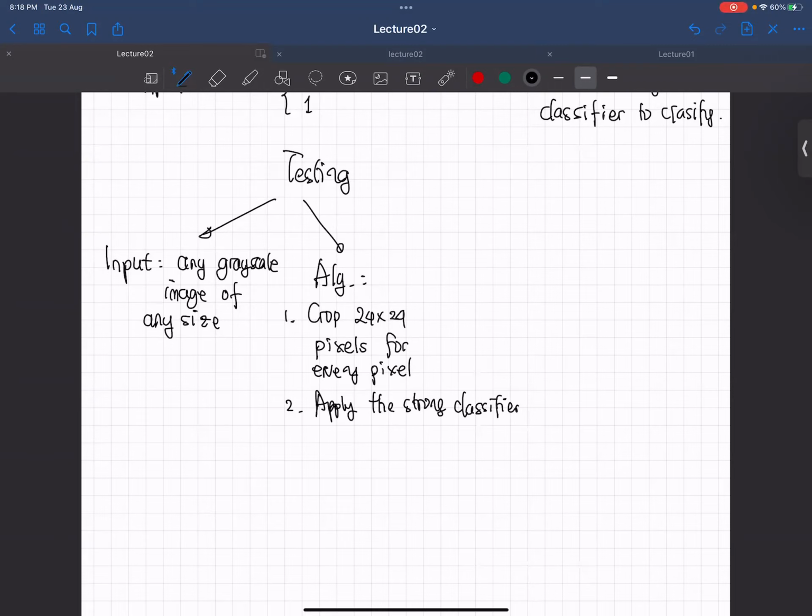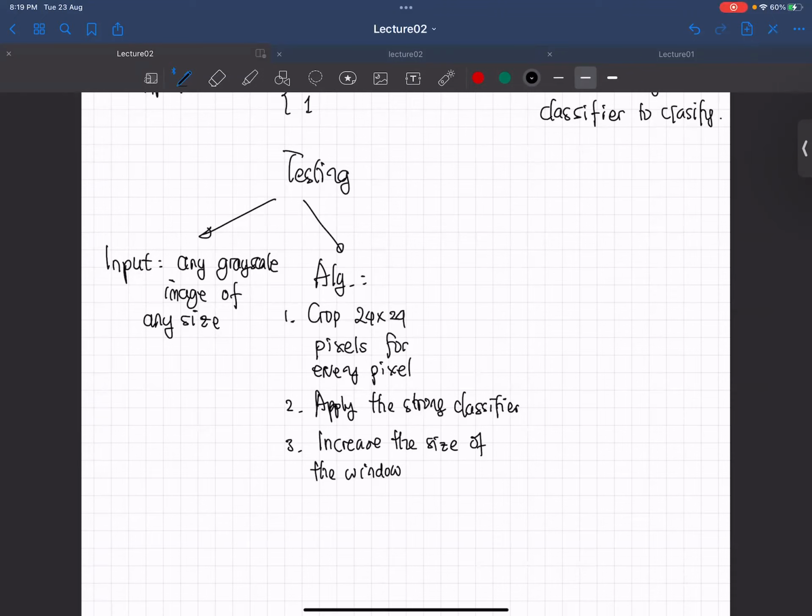Agree with this? But it's not sufficient, right? Because the size of the image is unknown. It can be larger, most likely larger than 24 by 24. So step number 3 is to increase the size of the patch or the window that you crop.